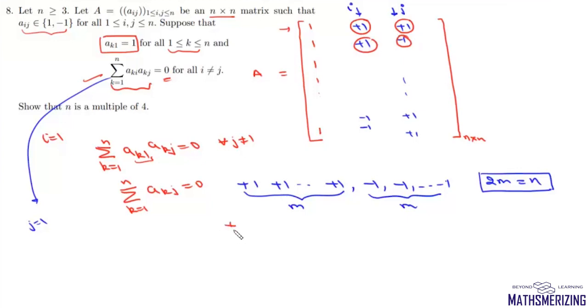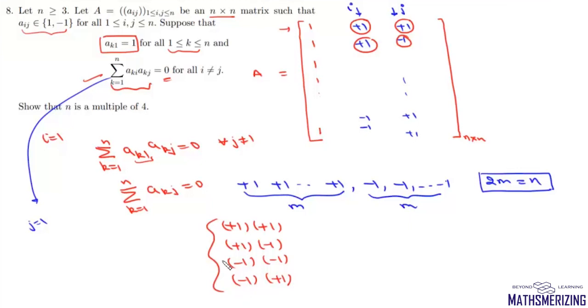So either it will have plus 1 into plus 1, or plus 1 into minus 1, or minus 1 into minus 1, or minus 1 into plus 1. So we'll have these four kinds of products.